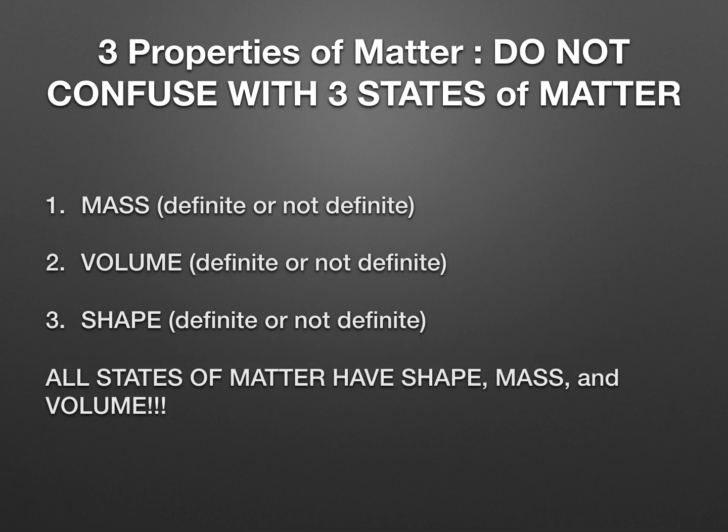Just because something's not definite, it does not mean it doesn't have one. It just means it's constantly changing. So it doesn't mean it doesn't have a volume or a shape. It just says that volume and shape will be constantly changing. For example, a liquid takes the shape of a container. Well, that shape of the container could change, but it still has a shape. So keep that in mind moving forward.